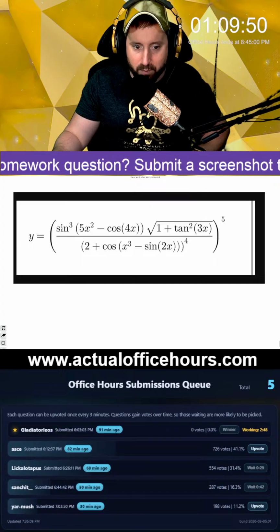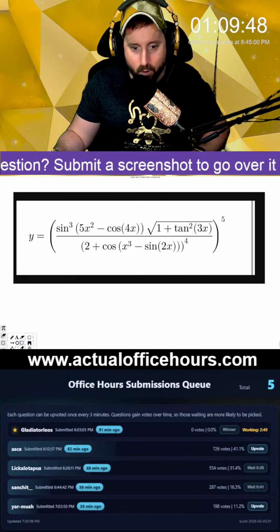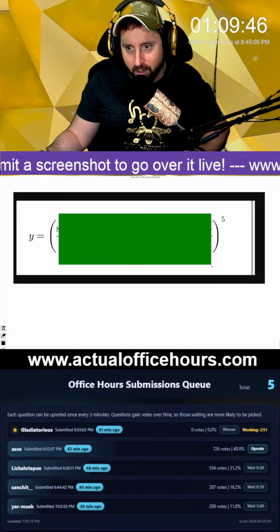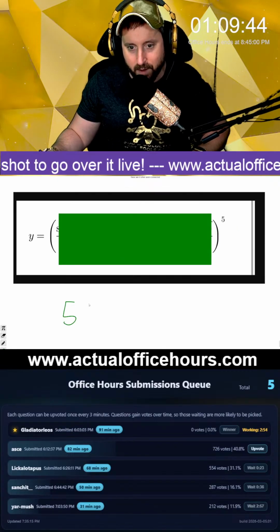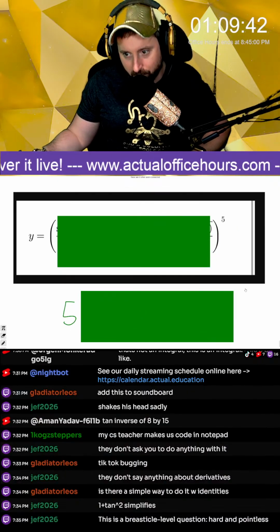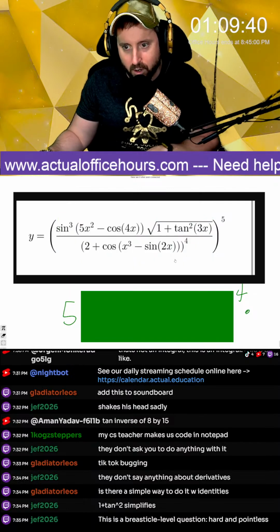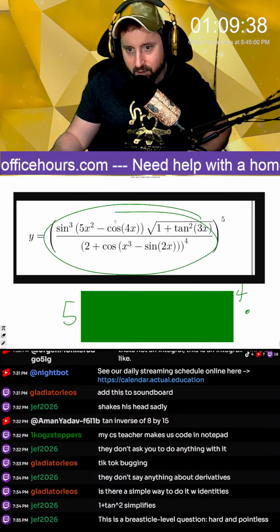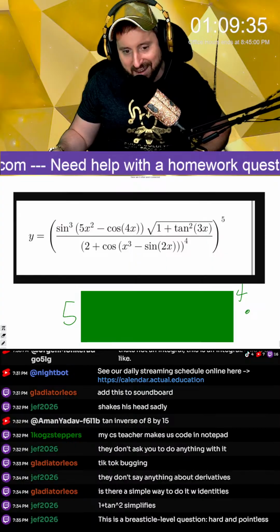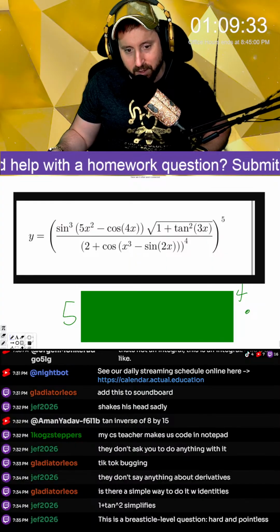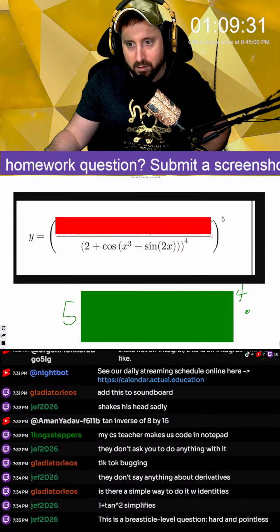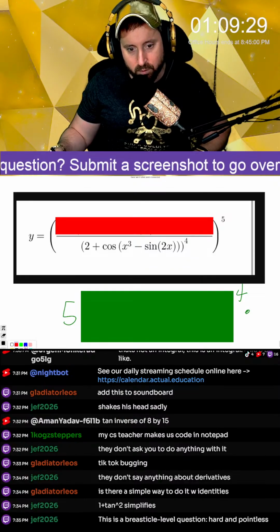Yeah, you could simplify that part at least, but then overall, this whole thing to the 5th becomes 5 times this thing to the 4th, and then you work on the derivative of this. In the big picture, that is a quotient rule, right?